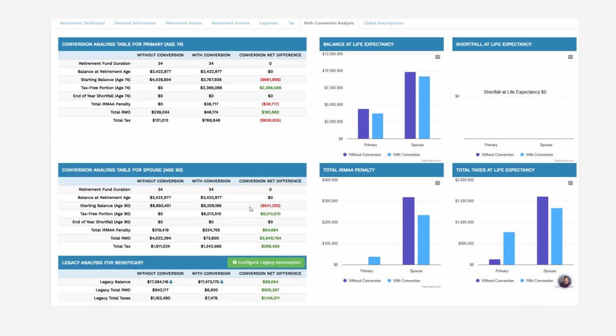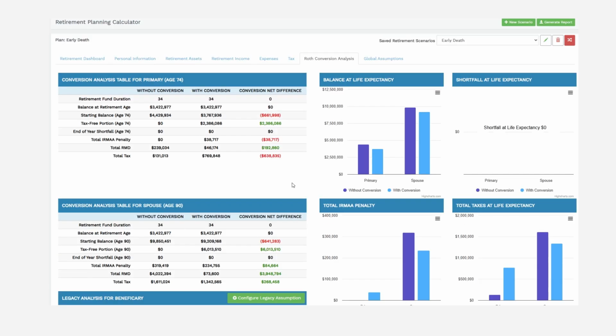And part of that is because of the widow's penalty, where she moves from a married filing jointly tax filing status to a single filer status, which penalizes her significantly. So they call that the widow's penalty. It's not great, but because they've done some Roth conversions, she's going to experience that less. So that addresses that consideration.